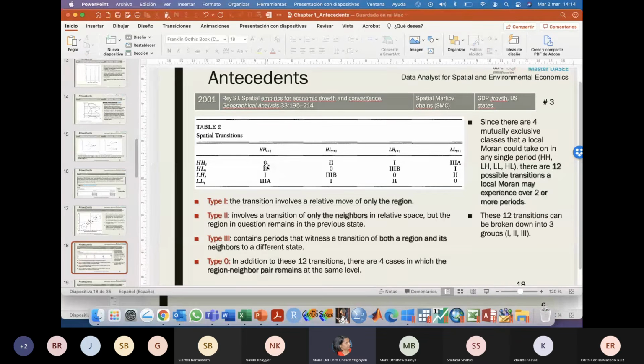And type 3 contains periods that witness a transition of both a region and its neighbors. So everybody changes. The region goes up or down, and the neighbors can go up or down. This is the situation for these type 3 movements. There is also a type 0. Type 0 covers, in addition to these 12 transitions, the 4 cases in which the region-neighbor pair remains in the same state.